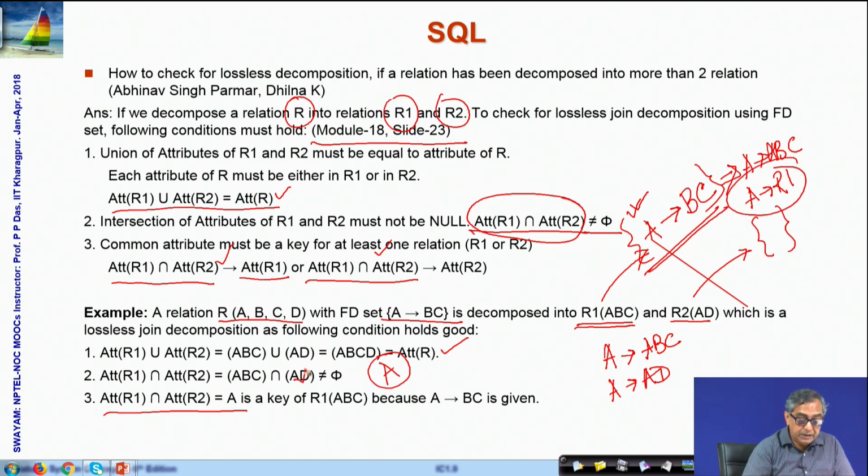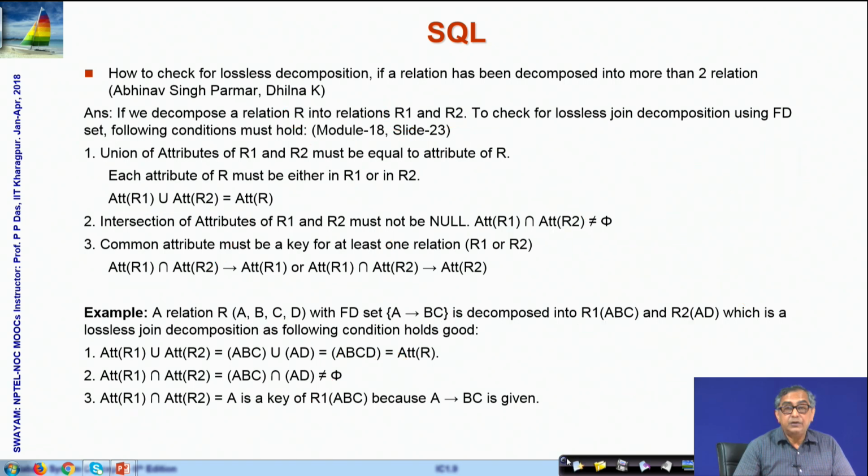So, this condition gets satisfied, and therefore, I can say that this particular decomposition is a lossless join decomposition, and you can repeatedly apply this in pairwise contexts to conclude whether the decomposition is lossless join or not.